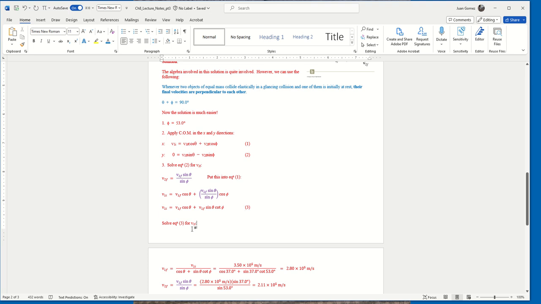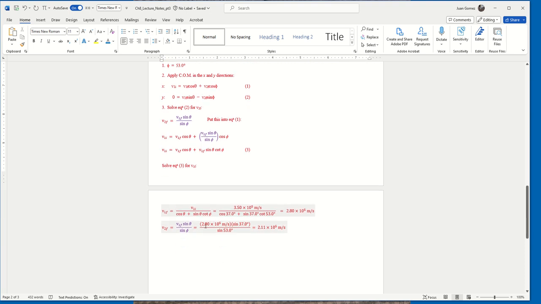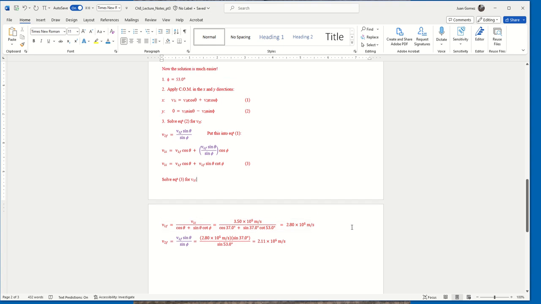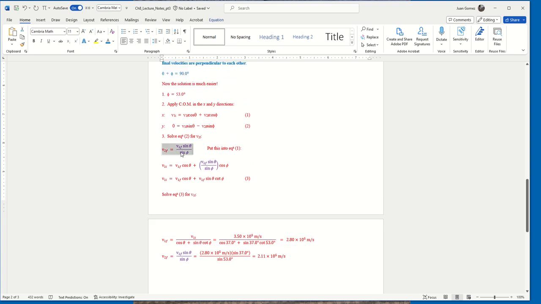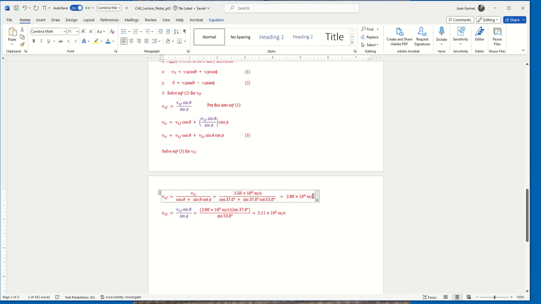Solve equation 3 for v1 final, plug in the numbers, and you get v1 final. Then once you know v1 final, go right here and get v2 final. So v1 final is 2.8 times 10 to the 5th meters per second, and v2 final is 2.11 times 10 to the 5th meters per second.